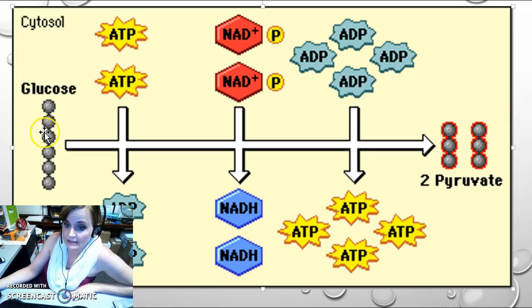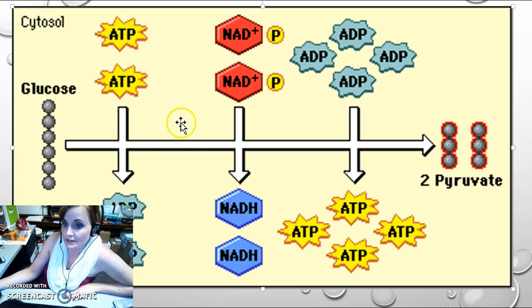So this is a 6-carbon chain sugar, C6H12O6, and it splits into 2 3-carbon chain pyruvates, which each have their own bonds and stuff like that. This requires energy. You need energy to split bonds, so 2 ATP are needed for glycolysis to start.